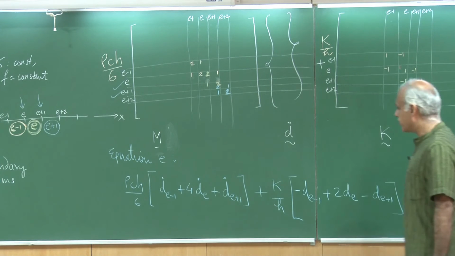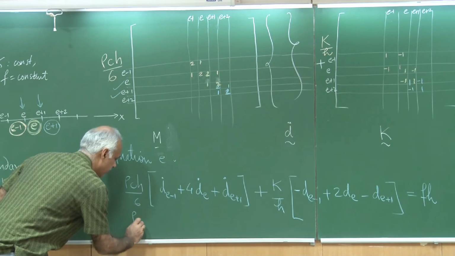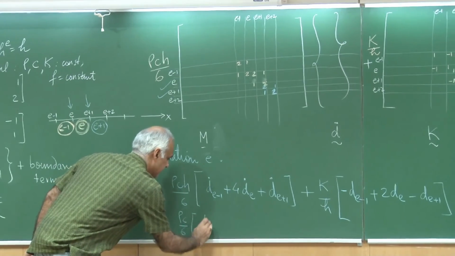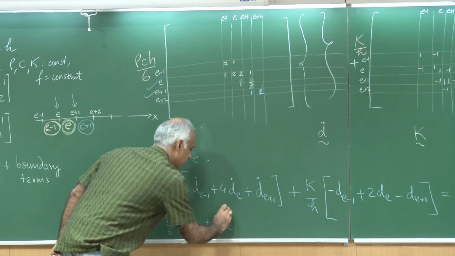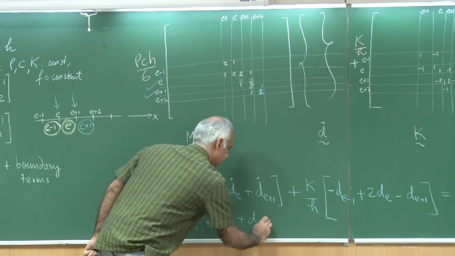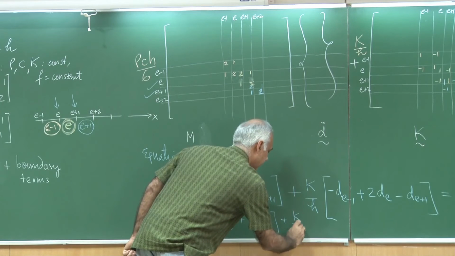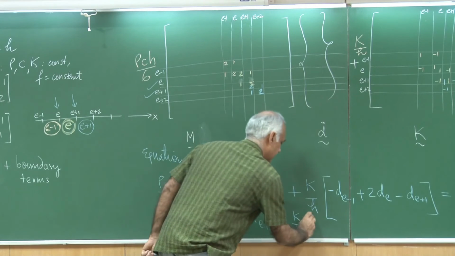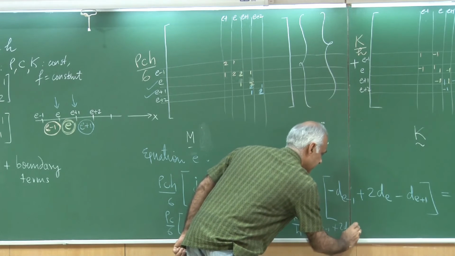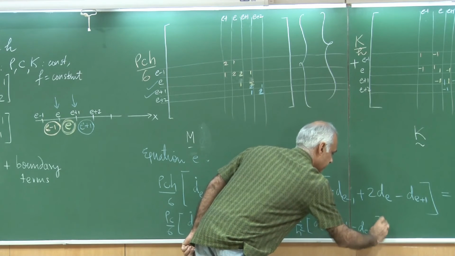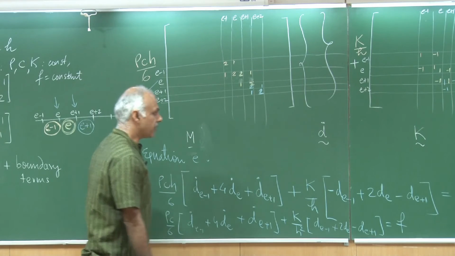So, if I wanted to simplify this equation further, we are really talking about rho C by 6 times d dot E minus 1 plus 4 d dot E plus d dot E plus 1 plus K by H square times d E minus 1 plus twice d E minus d E plus 1, and this is F. Let me call this as A.